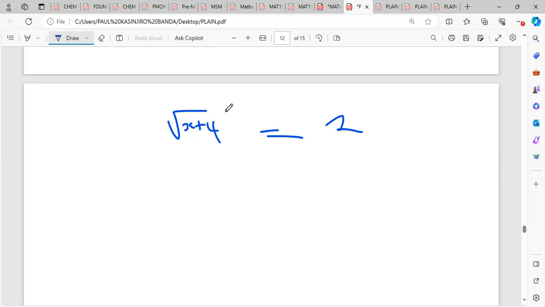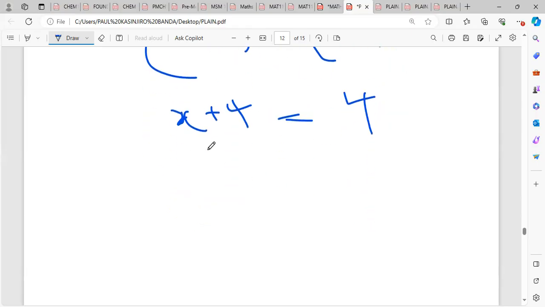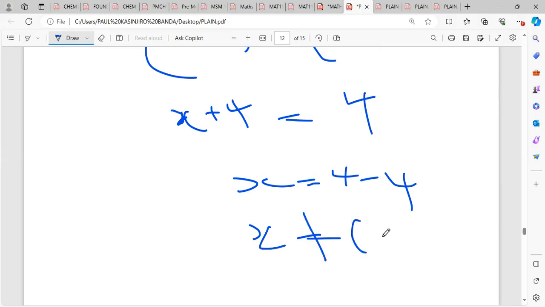So from here we can square this side, and that side as well. Meaning the square root will go. I'll just have x plus 4 equal to, what do I have this side? I have 4. So x there will simply be 4 minus 4, so x should never be equal to 0.